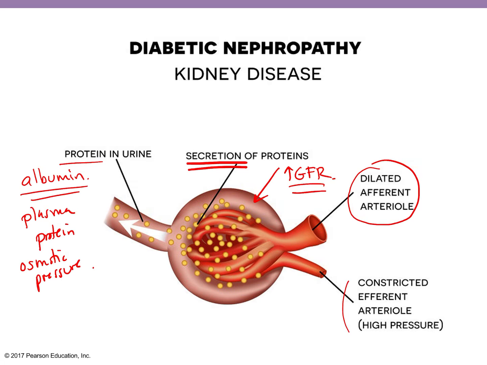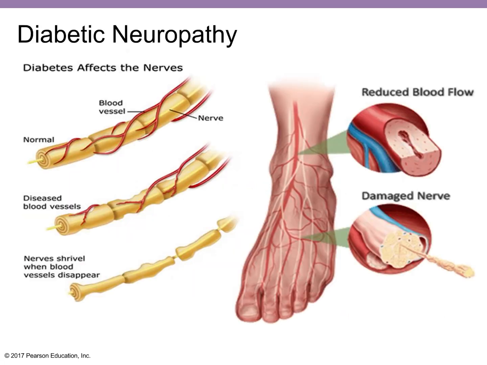So you don't actually get symptoms of kidney damage unless it's really severe, and you don't really find out if you had nephropathy until the later stages. And then lastly, let's talk about neuropathy.